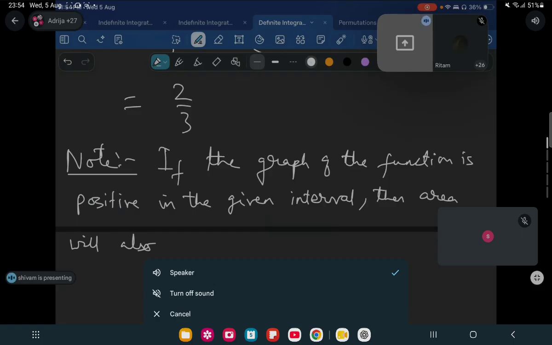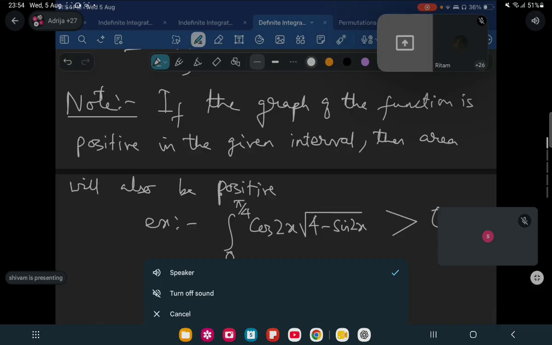If the graph is positive, the area will also be positive. For example, the one which we got, integral from 0 to pi by 4, cos 2x root over 4 minus sin 2x. This will help us in eliminating the options. If the graph is positive, the area will also come out as positive only. Next.